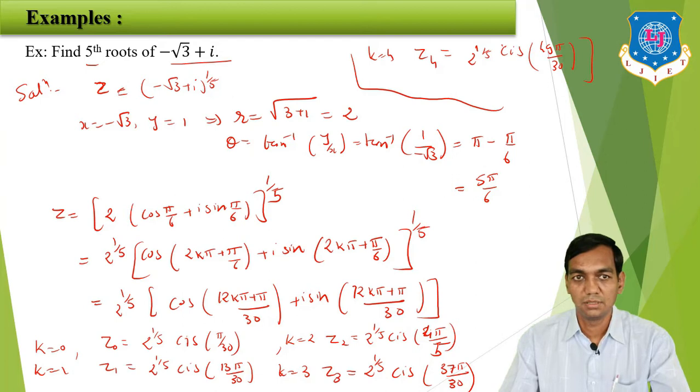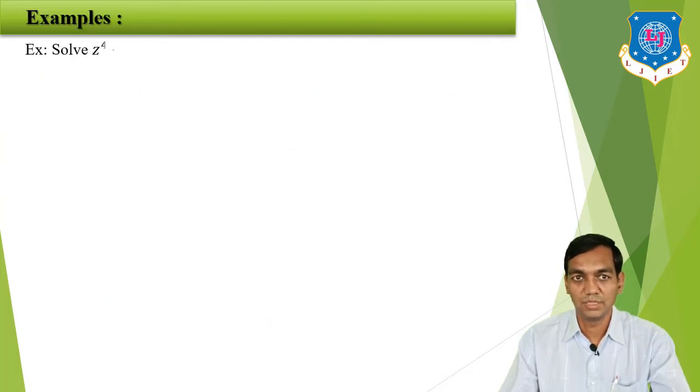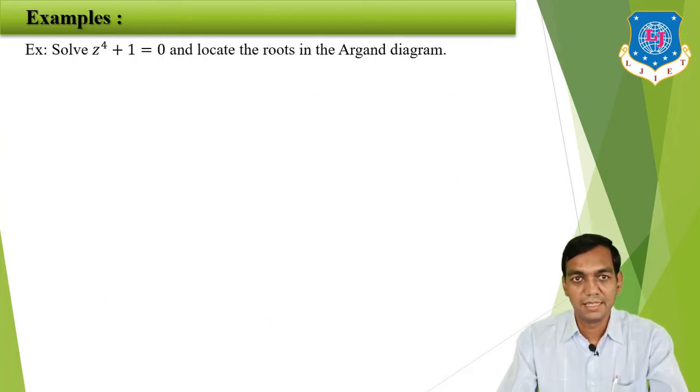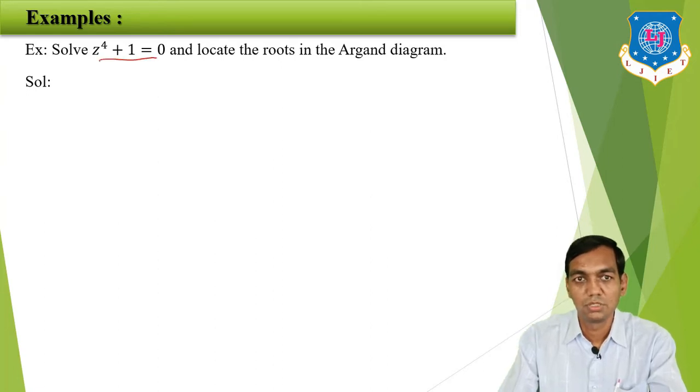So these are the 5 roots of the complex number. In the same manner, you can solve the equation and locate the roots in the Argand diagram.